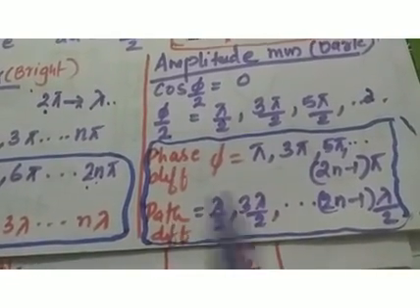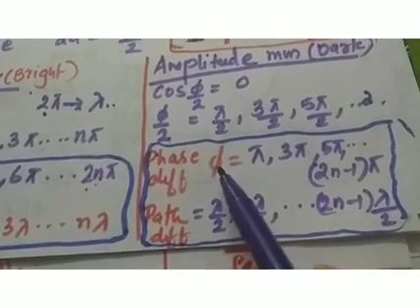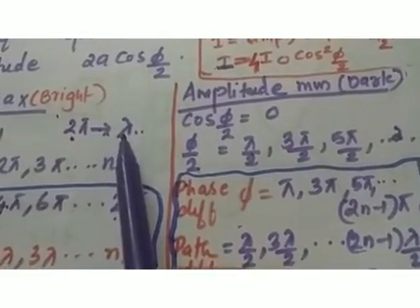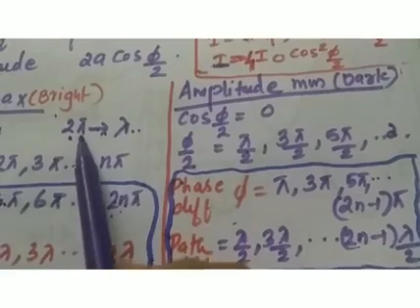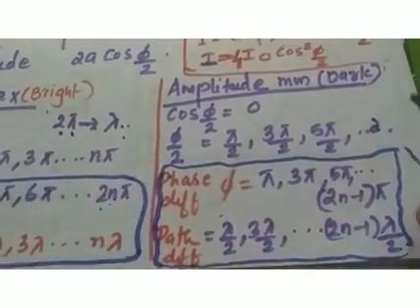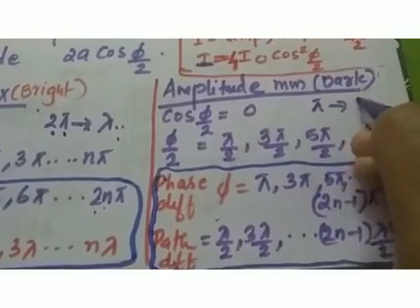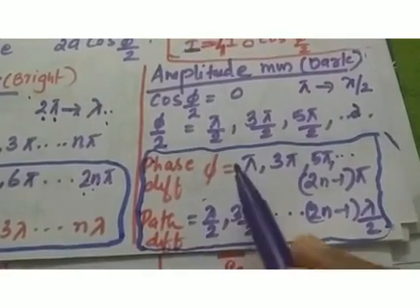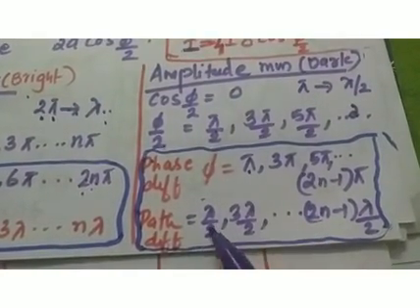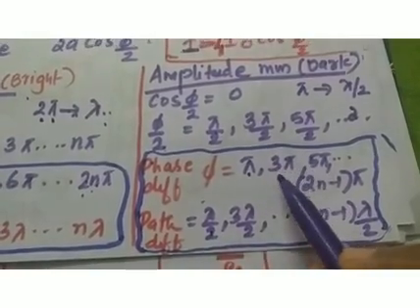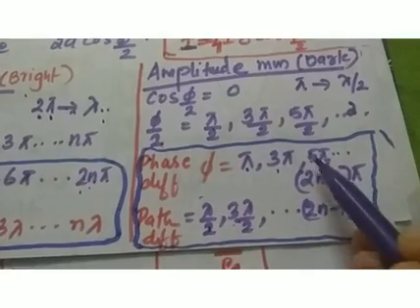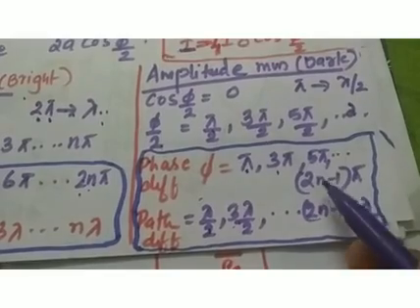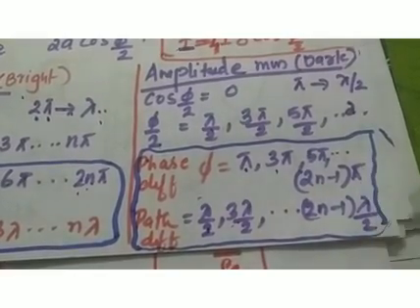And similarly, what will be the condition for path difference? You know, a phase difference of 2 pi corresponds to lambda, then a phase difference of pi corresponds to lambda by 2, isn't it? So phase difference of pi corresponds to path difference of lambda by 2, 3 pi to 3 lambda by 2, 5 pi to 5 lambda by 2, and 2n minus 1 into pi will be 2n minus 1 into lambda by 2.